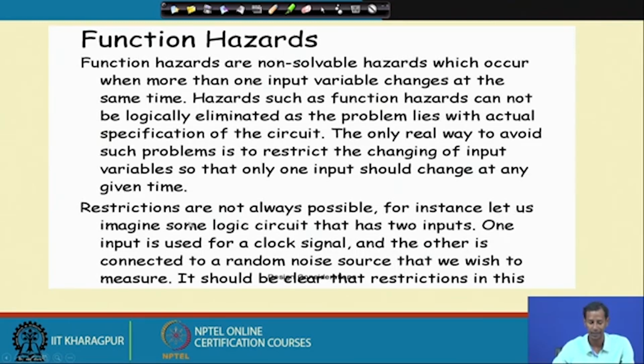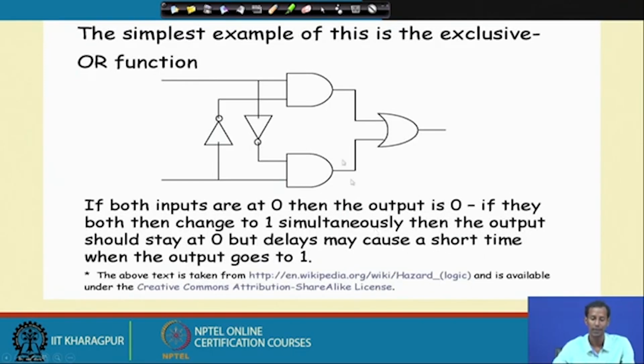For instance, let us imagine some logic circuit that has 2 inputs, and one input is used for a clock signal and another is connected to a random noise source that we use to measure. So, it should be clear that the restriction is not possible in this case. Suppose you consider one of these particular functions. If both the inputs are at 0, then the output is 0.